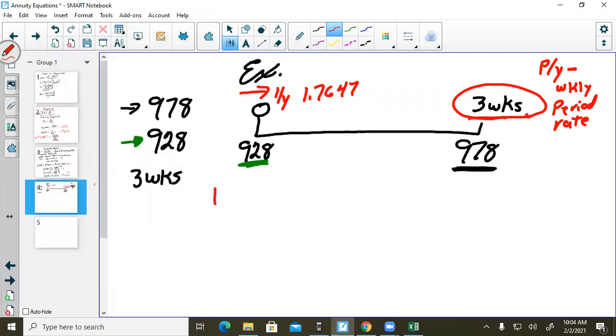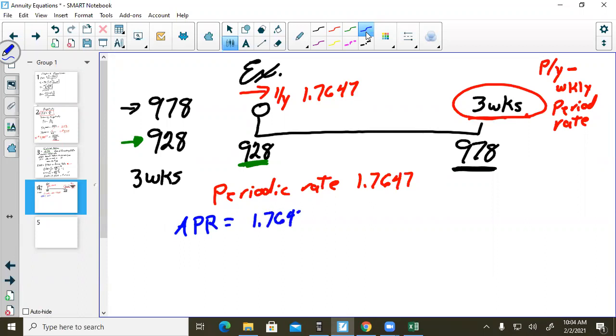Now, what do I want to convert it to? I want my APR, my annual percentage rate. So how do I get that? Take my periodic rate times the number of periods per year, and that gives me my APR. So what's my APR?